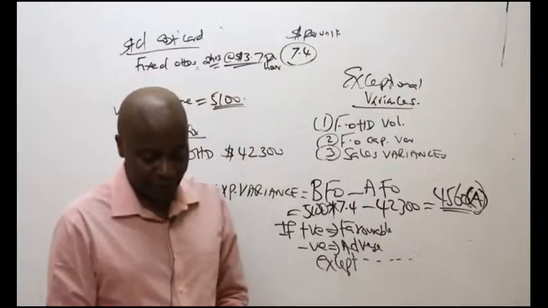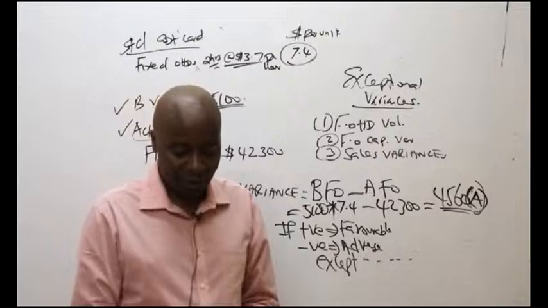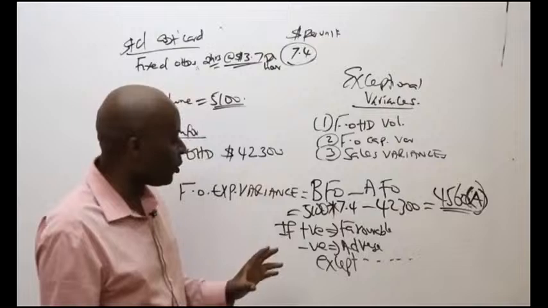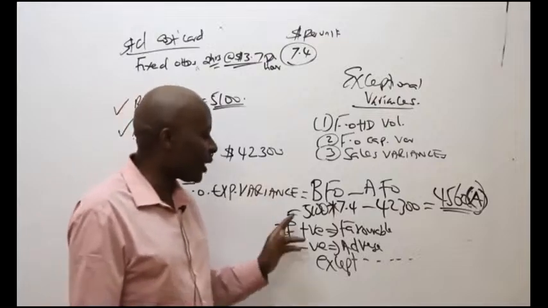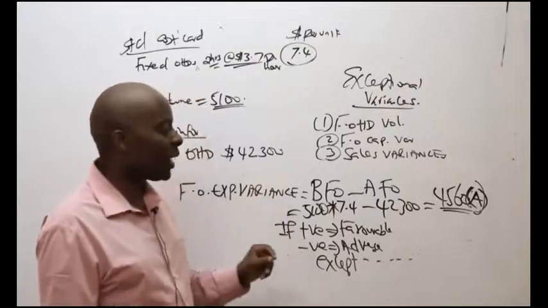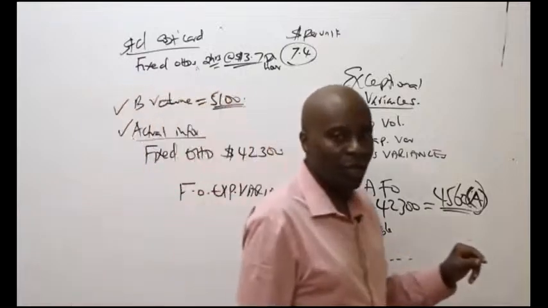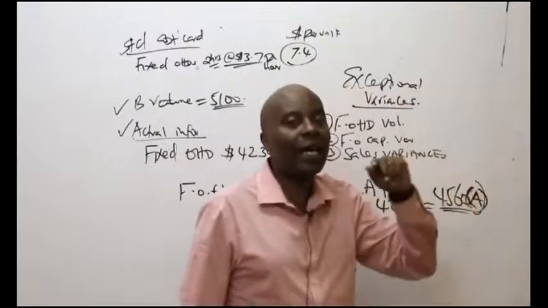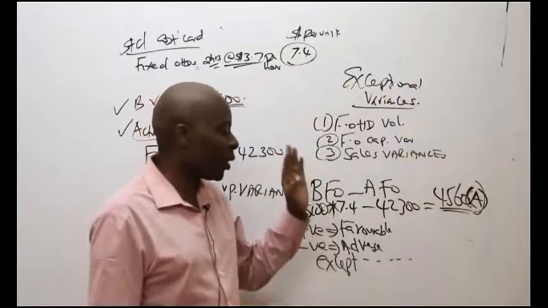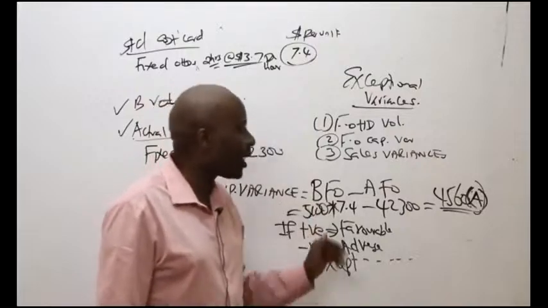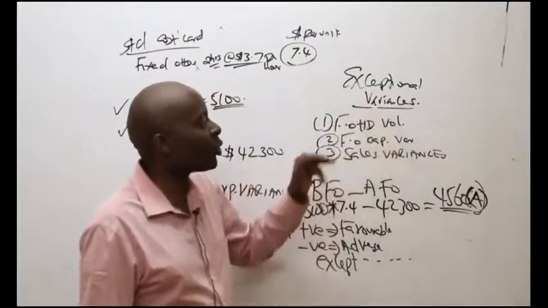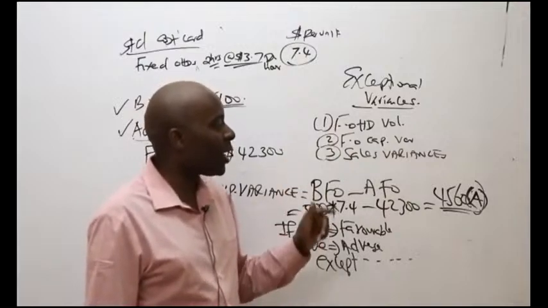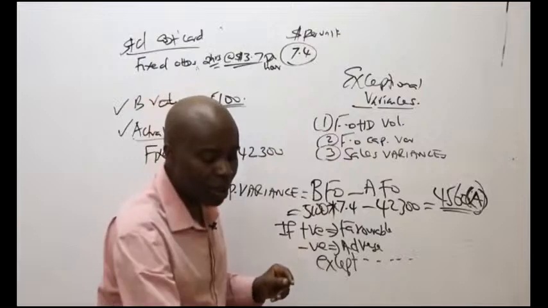100, very fast. For Jocelyn, let me go to my M-Pesa. Whenever we are computing variances and we happen to get a positive variance, all of them are favorable. Negative variances are adverse. So this should always be the pattern, except these three variances that we are calling exceptional: fixed overhead volume, fixed overhead capacity, and then we have sales variances.